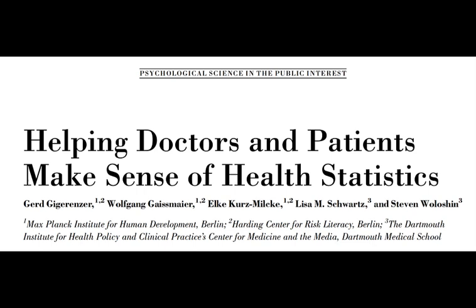Well, check this out. Gerd Gigerenzer and colleagues asked 160 gynecological oncologists, breast cancer docs, what to do if a woman has a positive mammography test, and the following information is present.